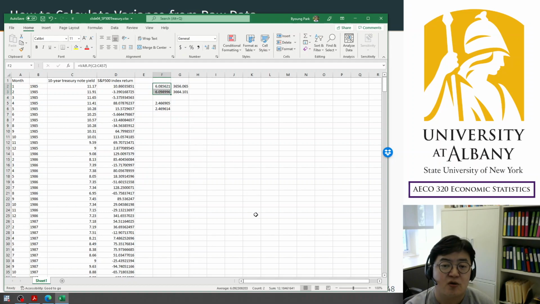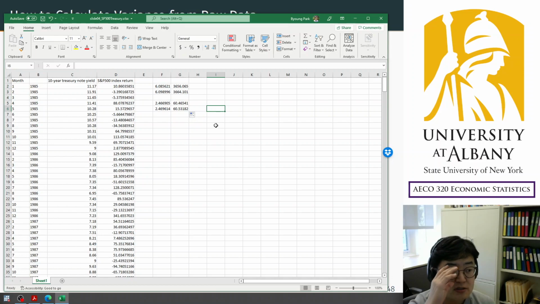So the variance was 6 something, but actually the standard deviation is 2.4%. So this is an interpretable unit. And similarly, if you use the S&P 500 data, then the standard deviation is about 60, which is the square root of these variances.